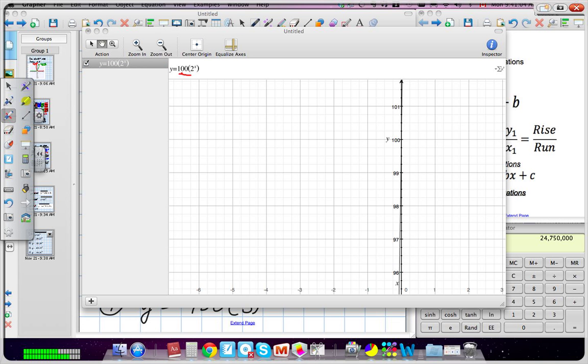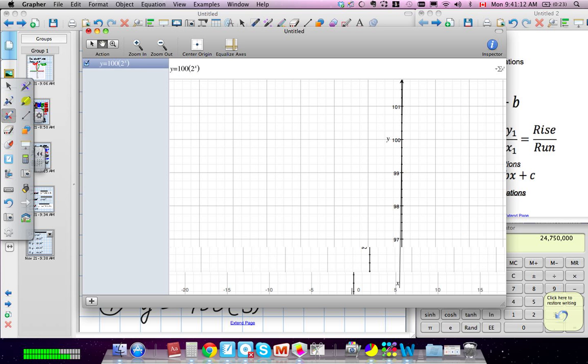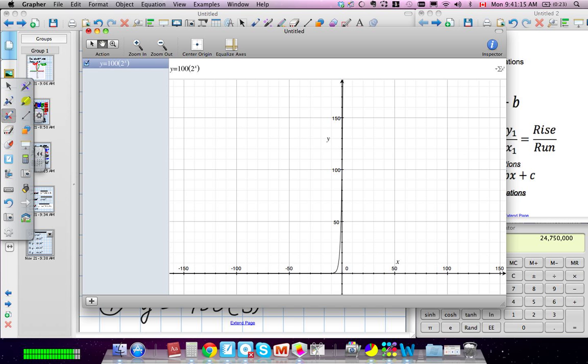Okay? So we zoom out though. This is what our model looks like. I'm going to add our next equation. 100 times 3 to the power of x. Oh, I guess this one's kind of hard to see.